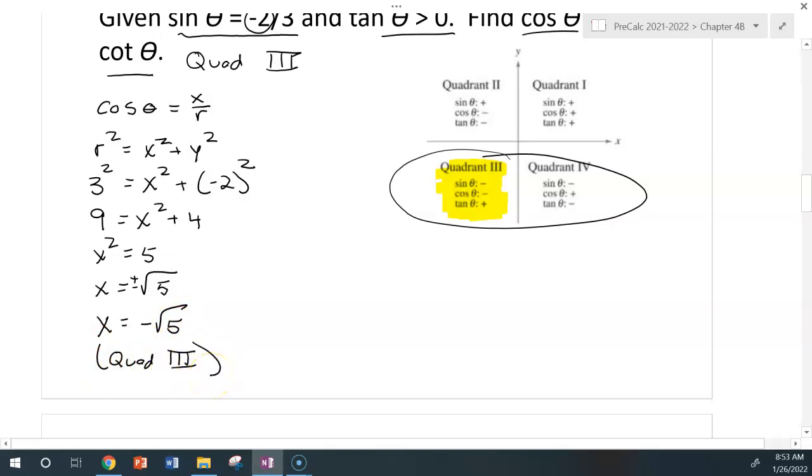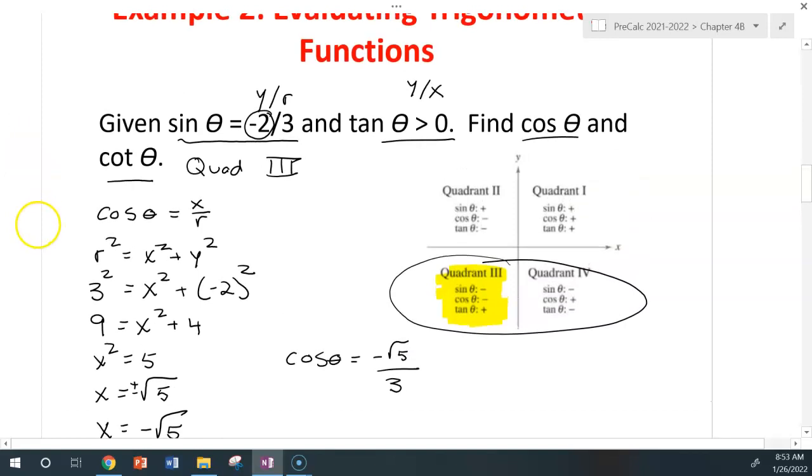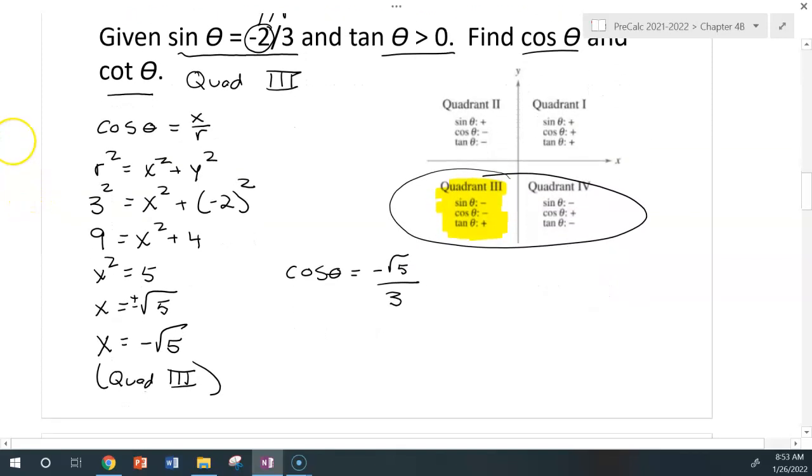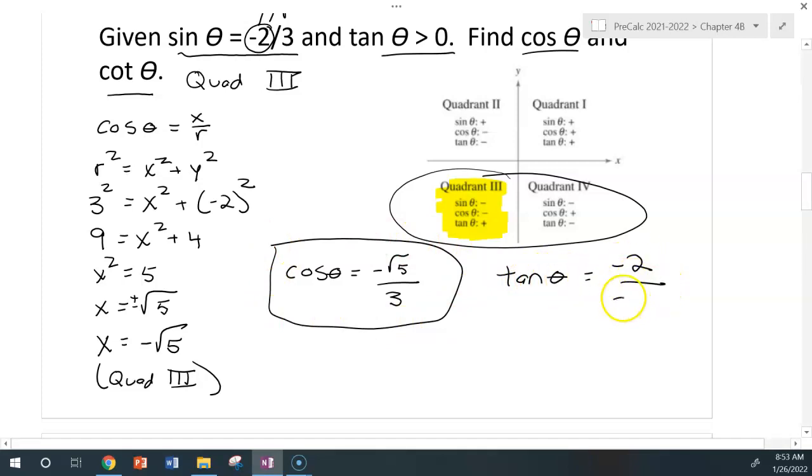So I've got x. That means I can get my cosine. My cosine of theta is going to be negative root 5 over r, and r is 3. I get negative root 5 over 3. There's my cosine. Tangent, I know, is y over x. Sorry, we didn't want tangent, we want cotangent.